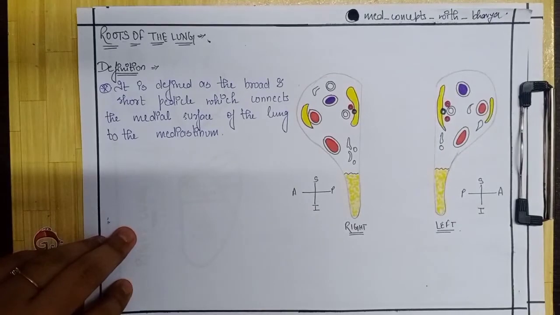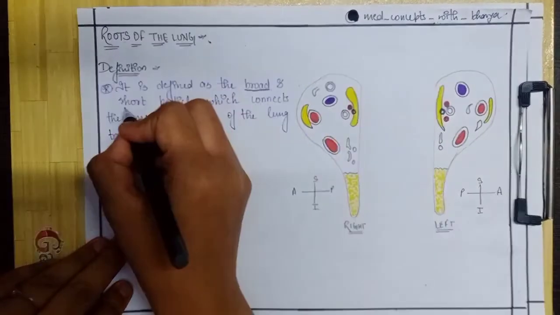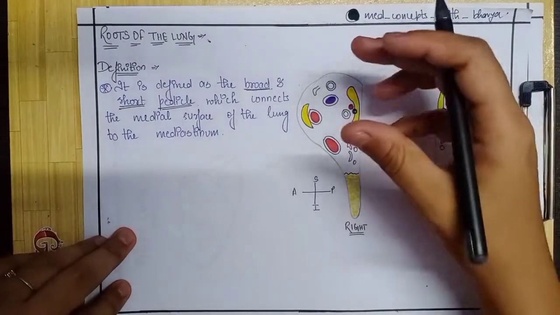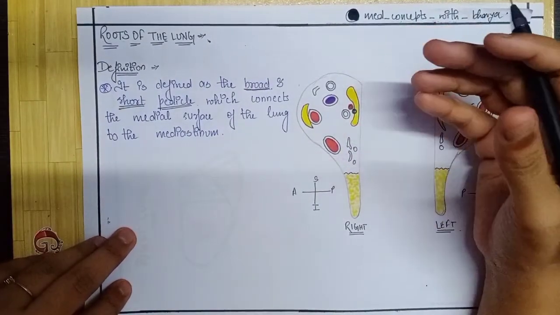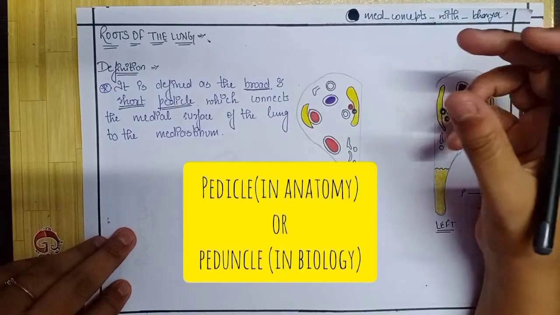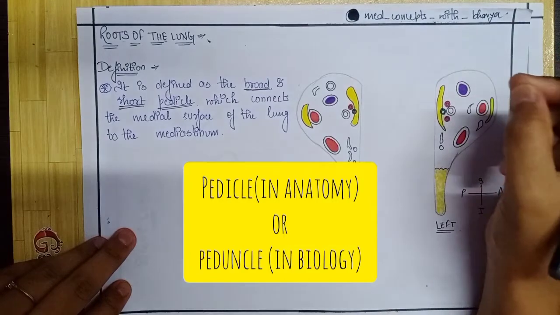Here we will have 3 to 4 important words which I will underline with a black pen. First of all, it is a broad and short pedicle. Now what is a pedicle? Pedicle is like a stalk. We also use this word in flowers, which is the peduncle.